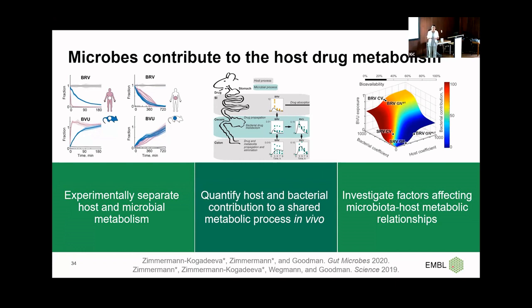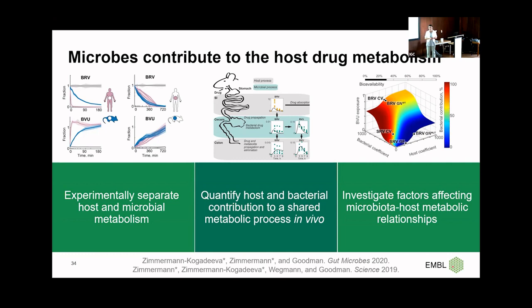And we assumed that there was no absorption in other tissues, which is an assumption, but every model needs to have some assumptions. So the main parameters of host metabolism are absorption from different sections of the intestine, drug to metabolite conversion by the host, and drug elimination from the serum, which is lumping together all the elimination processes in the host.